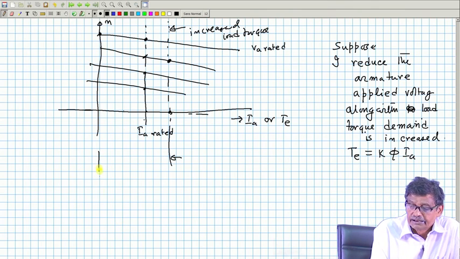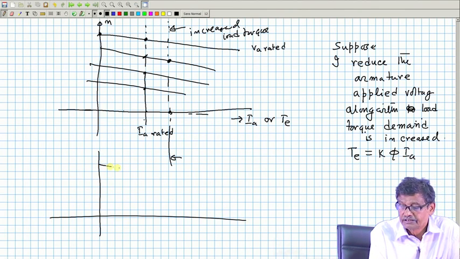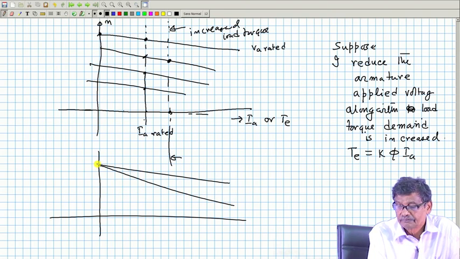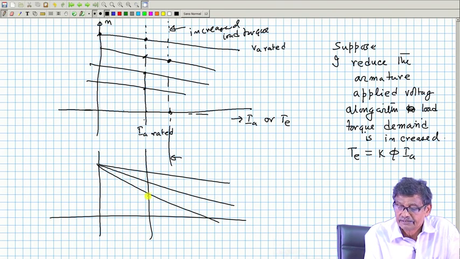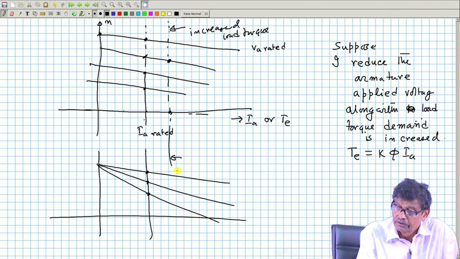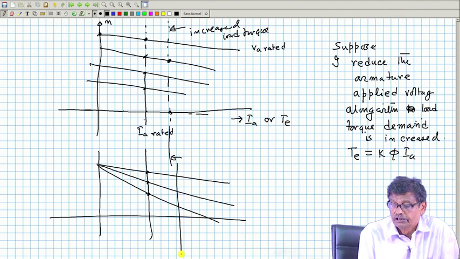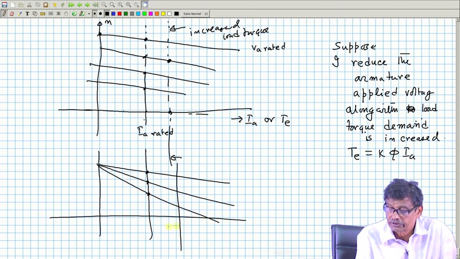In case of armature resistance control, this was the situation. Rated current, it will run at this speed. If somebody says this was the rated torque and the load torque suddenly increases to this value, then with this axis being current or torque, it will run here, but the machine will be overloaded.